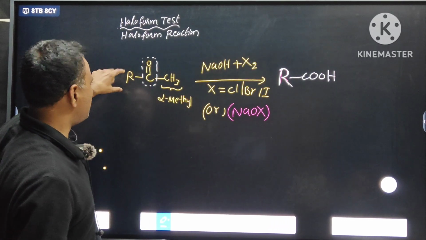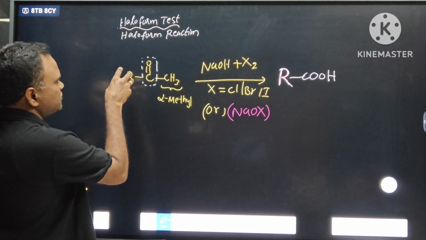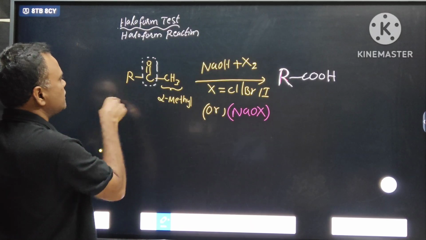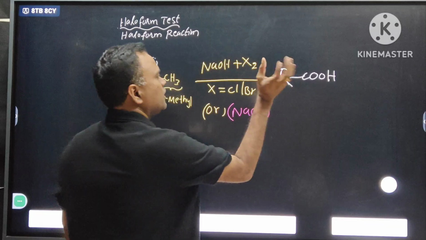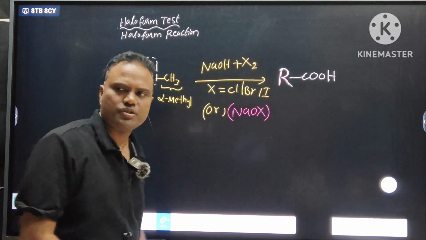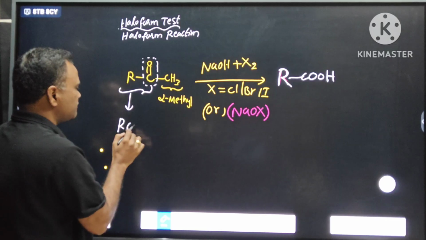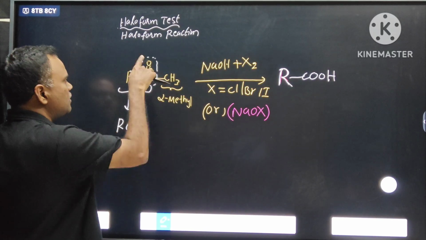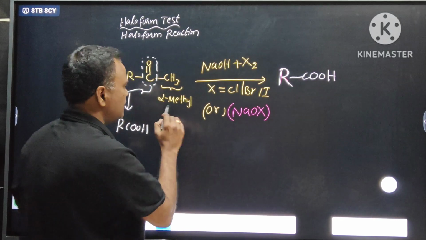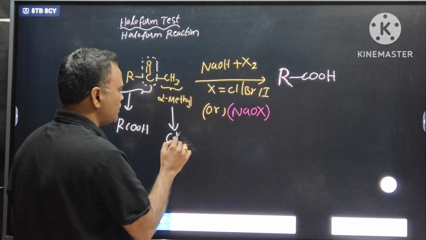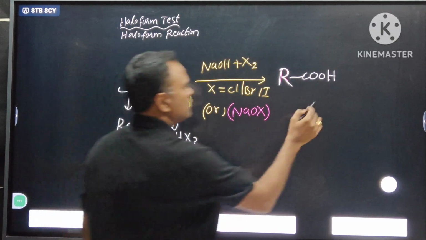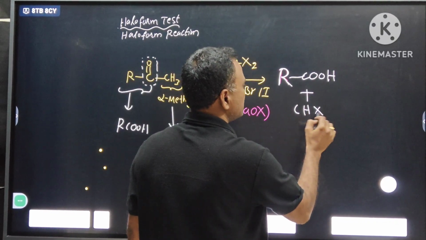First write this R, whatever it may be, open chain or cyclic or anything, take R as it is and immediately attach COOH to it. Clear? This part is going to convert to carboxylic acid, COOH. Next, another part, haloform CHX3, the remaining part is CHX3.